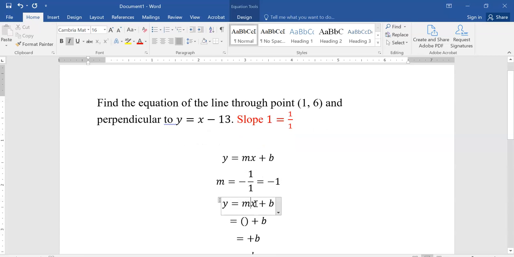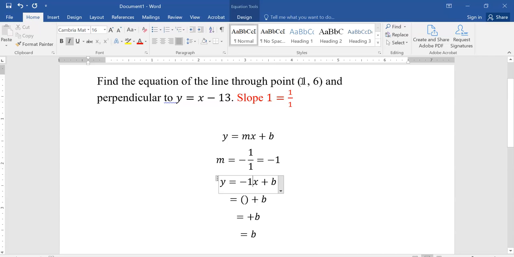So y equals -1x plus b is the equation of the line that I'm looking for. Now I just need to find b. The way we always do that is we just plug in a point. So plug in the point 1, 6. So 6 in for the y value, 1 in for the x value. When you do that, you end up with 6 equals -1 times 1 is -1 plus b.